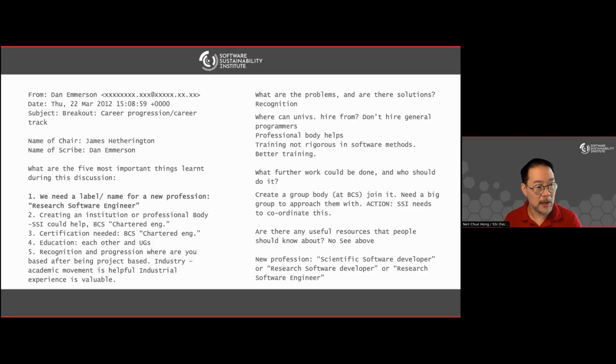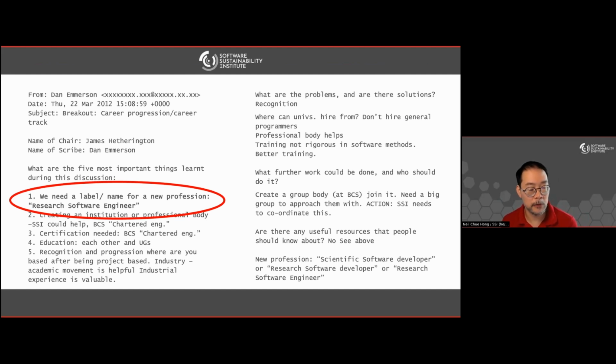And it really was just a discussion. One of the things that came out was an understanding of perhaps where we wanted to go next. We were asking people to put down the 5 most important things that they learnt during the discussion. And the big one that was identified was that we needed a label for a new profession. We had identified that there were lots of people who were engaged in developing software that was used in research.